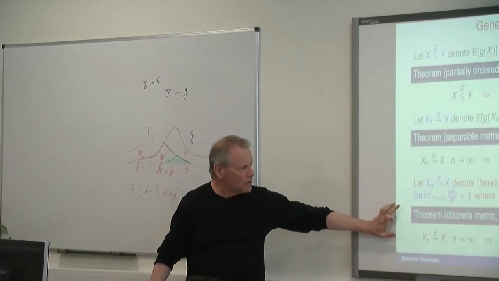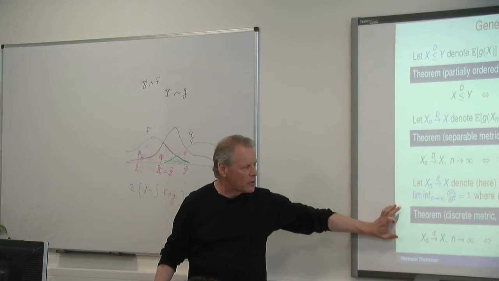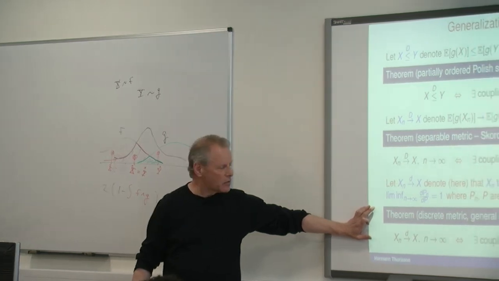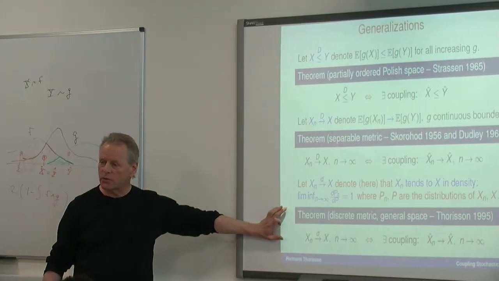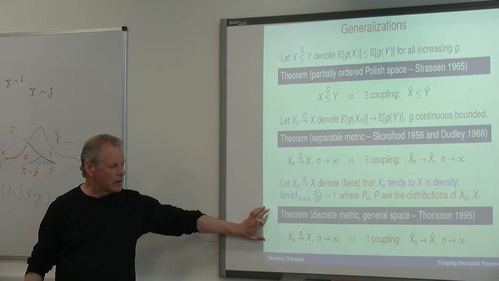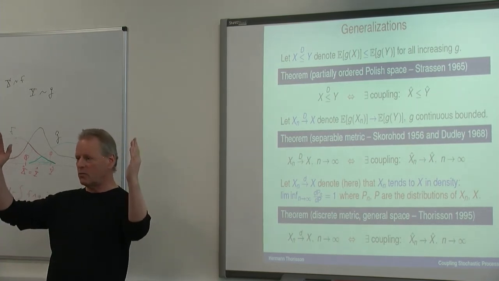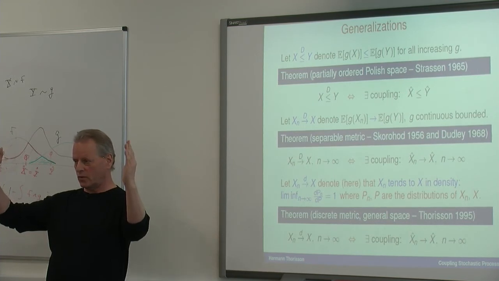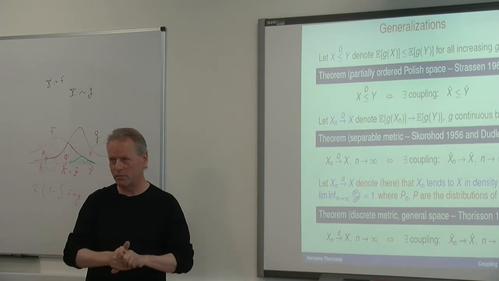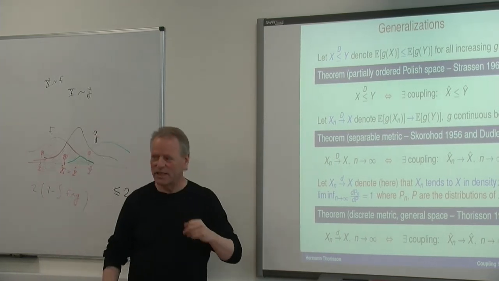What I'm going to do, I'm going to focus on this result, and I'm going to apply this result to stochastic processes considered in finite time windows. So I will let the windows grow, and I will explain this in a minute or two.